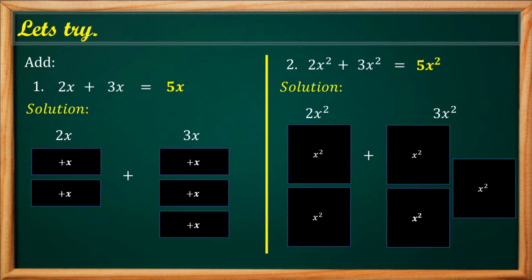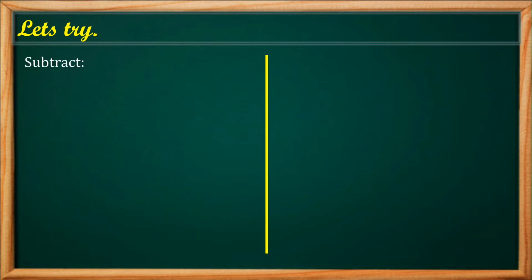Plus, meron tayong tatlong x squared na malalaki. Ilan yan lahat na x squared? 5. Therefore, we will have 5x squared. 2x squared plus 3x squared is equal to 5x squared. Madali, di ba? Okay, let's have here the subtraction.